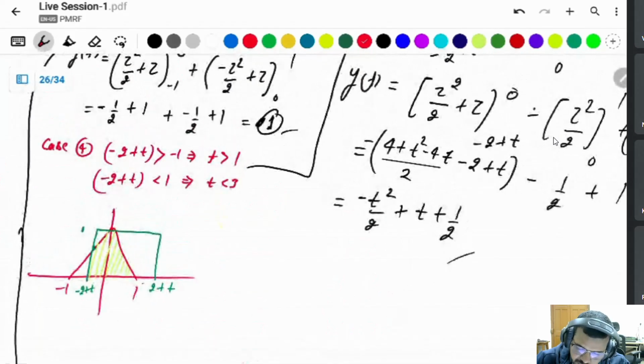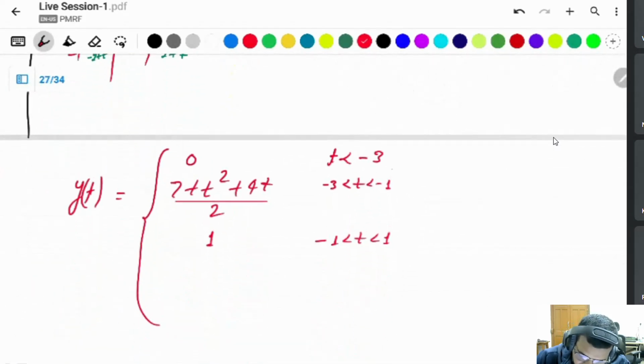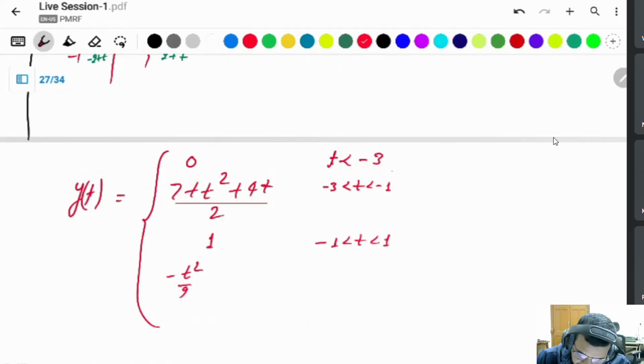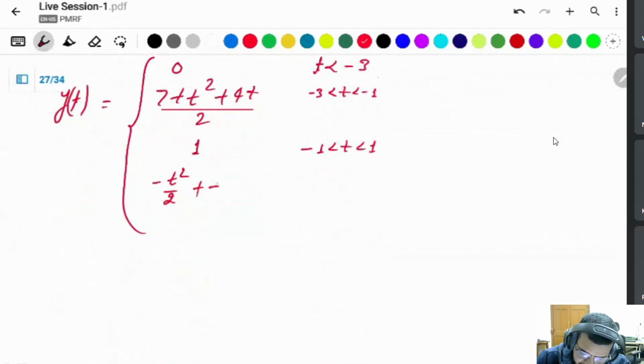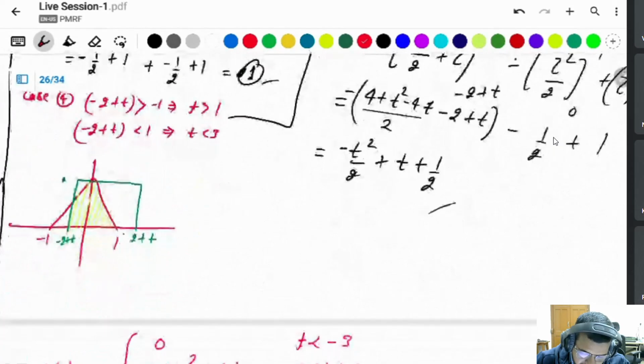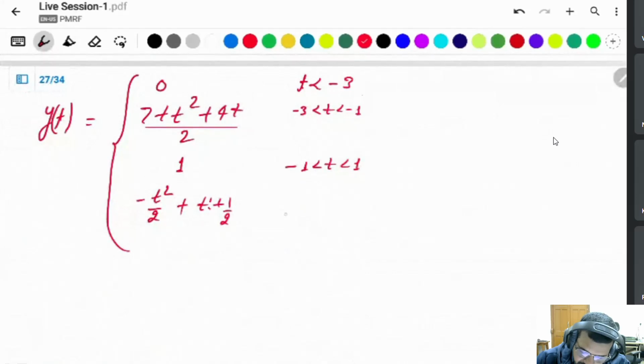Fourth case, minus t square by 2 plus t plus 2. This will happen when t is greater than 1 less than 3, and 0 for t greater than 3.